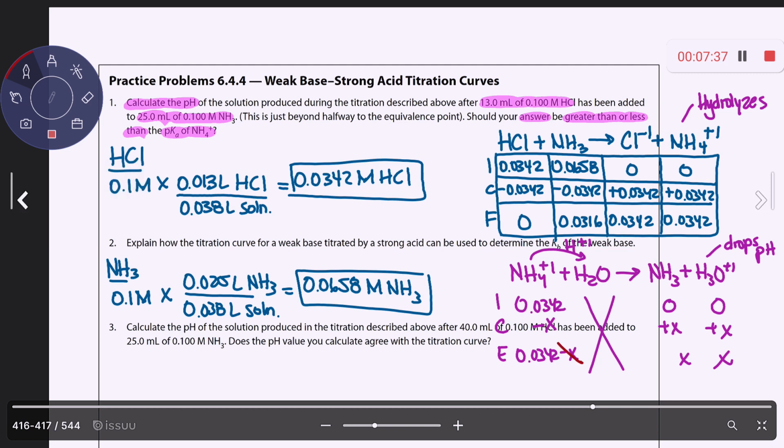So you can cross this out and just use this.